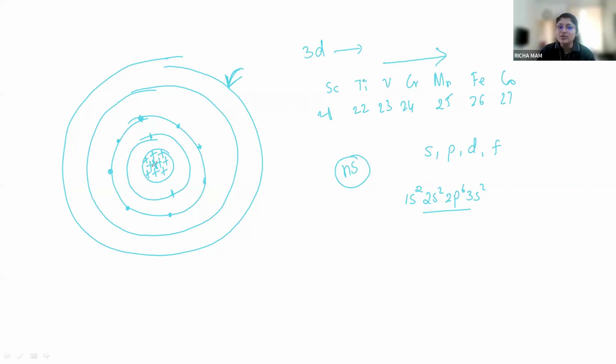Whatever positive charge the nucleus has, in this electron system you can see two types of forces. One is an attractive force, and the other is a repulsive force.